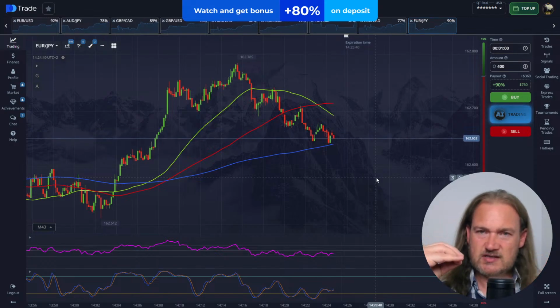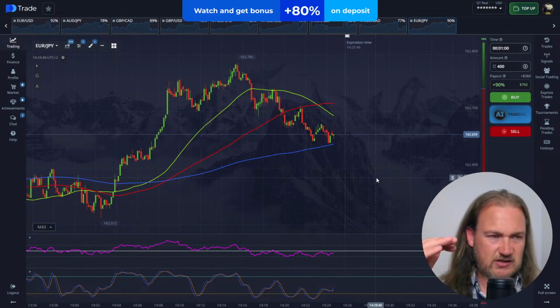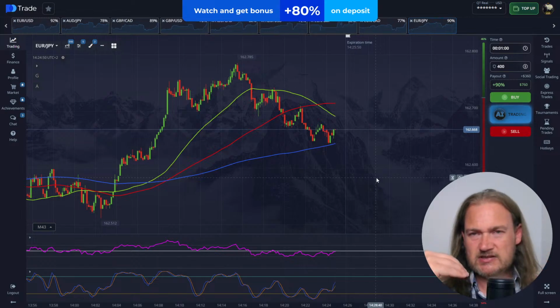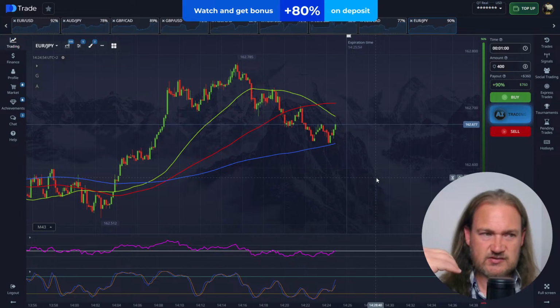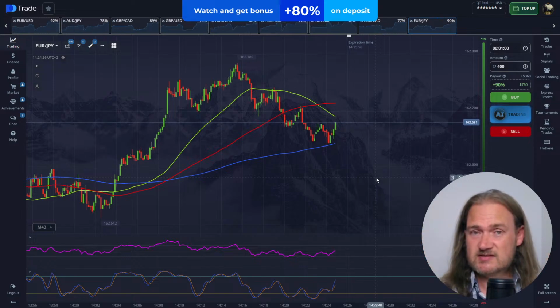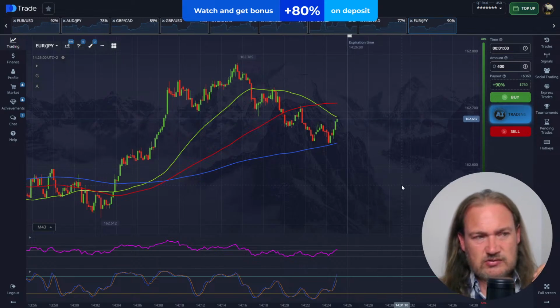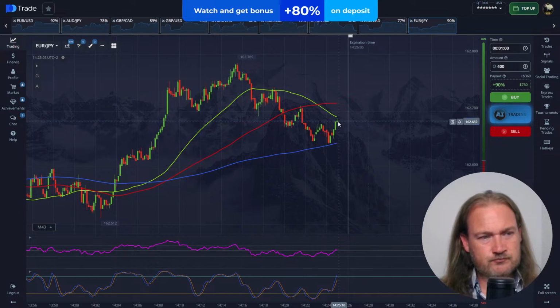So the closer price gets to it, the more likely it is it's going to get hit. It's not a law. There are no laws in trading, but it's got a higher probability of hitting the moving average, or the support and resistance areas, as it draws closer. So I like high probability trades, not low probability trades.